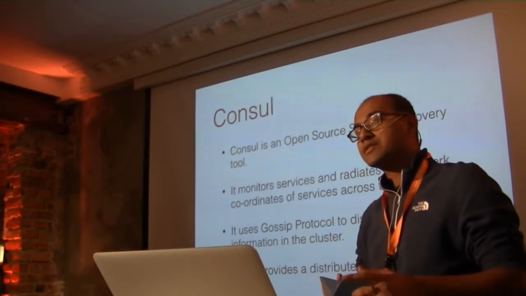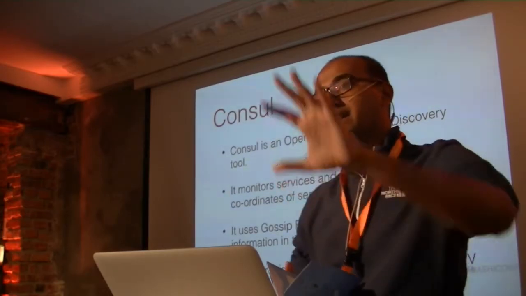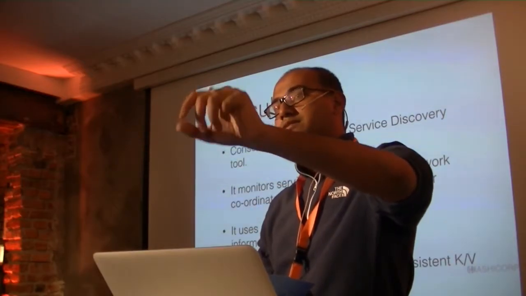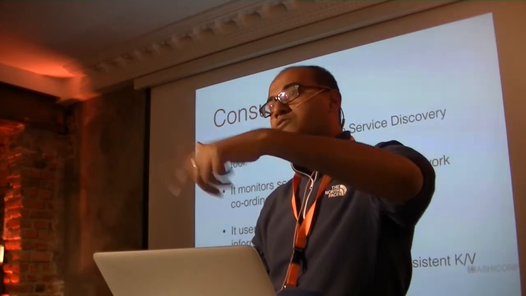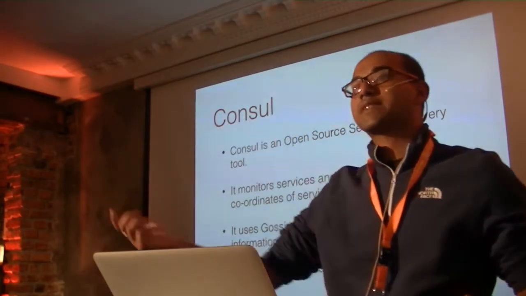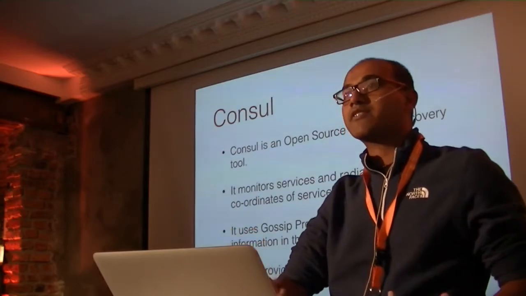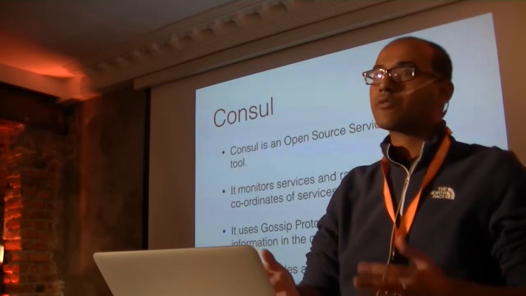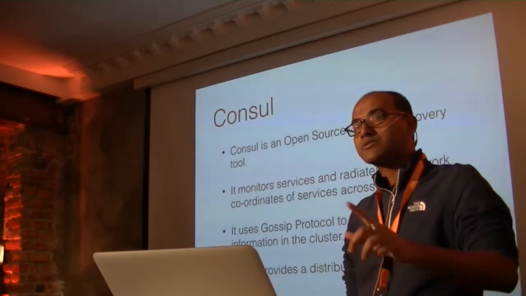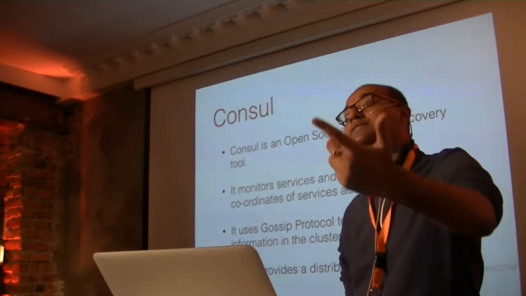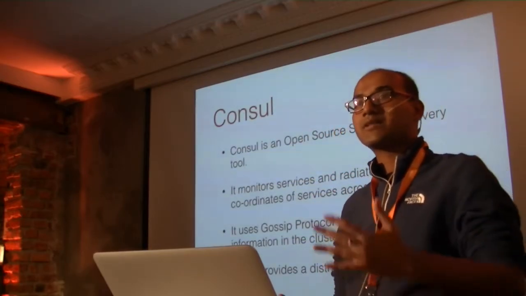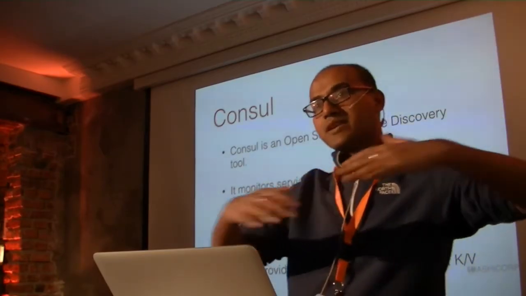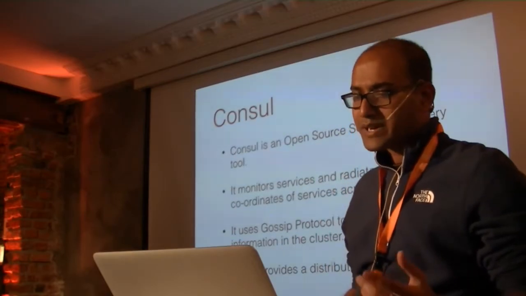What it means is that when you add a service to Consul, saying I want Consul to radiate this information of where this service is in the network, you can also tell Consul to run this script every 5 seconds or hit this endpoint every 5 seconds, or whatever period of time you want, and it's going to check whether the service is really healthy or not. And if it's not healthy, it's going to deregister that service, and the other services consuming this particular shard are not going to see it. So it's pretty dynamic in nature.